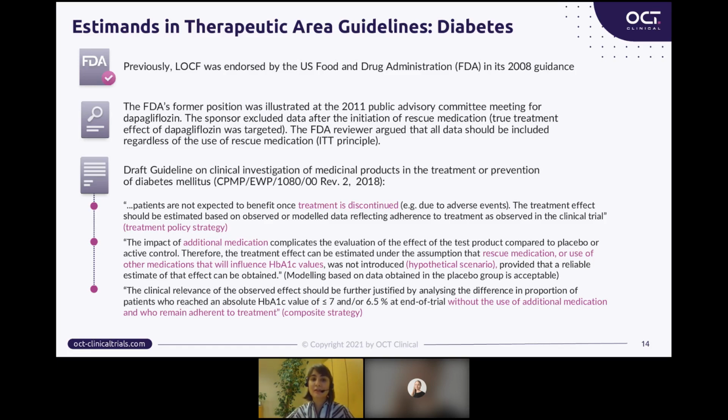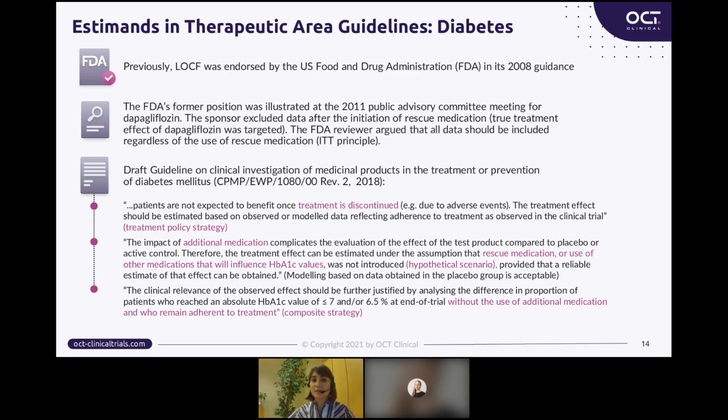The FDA statistical reviewer acknowledged that last observation carried forward had several limitations and requested that the observed values of patients who were rescued be included into the analysis, since such approach was more compatible with the ITT principle. At first glance, it might seem like a debate over statistical methods, but in fact the disagreement is much more profound.